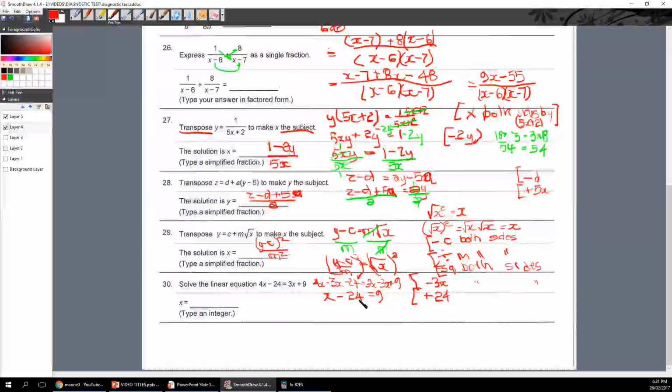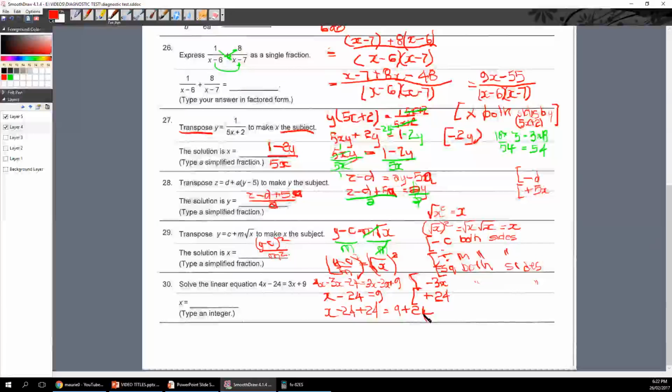So then we get x, see what this does, minus 24 plus 24. That's equal to 0, and that'll get rid of the 24. Awesome. But we must do the same to both sides. 9 plus 24.